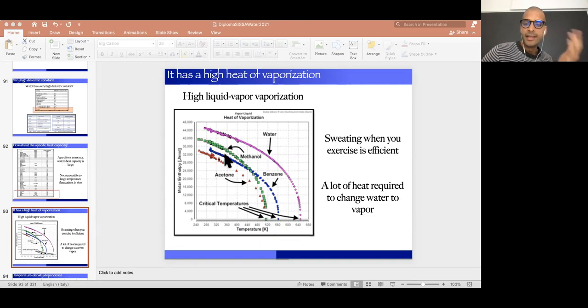So CH bonds... carbon is not as electronegative as oxygen.